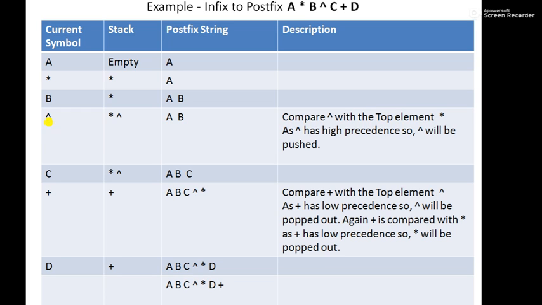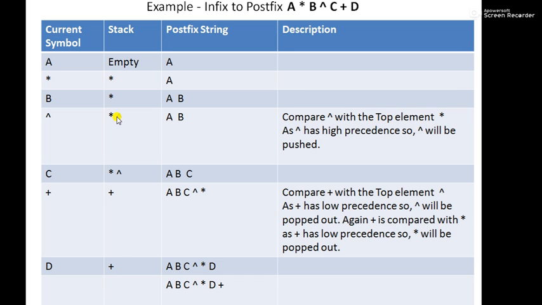Now the current symbol is exponential, and the top element of the stack is multiplication. The precedence of exponential is higher than multiplication. So we compare this exponential with the top element, which here is multiplication. As exponential has higher precedence, exponential will be pushed into the stack.